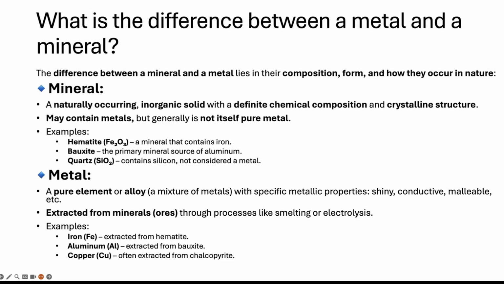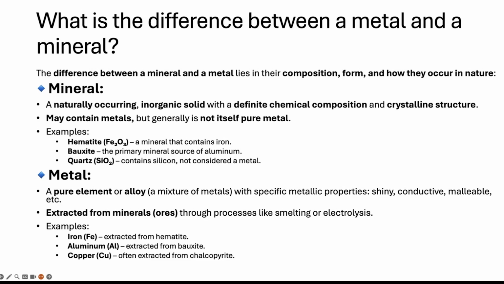But here we've got hematite. That's a mineral that contains iron, Fe2O3. And bauxite, that's the primary mineral source of aluminum. And quartz, SiO2. These are good examples of minerals.